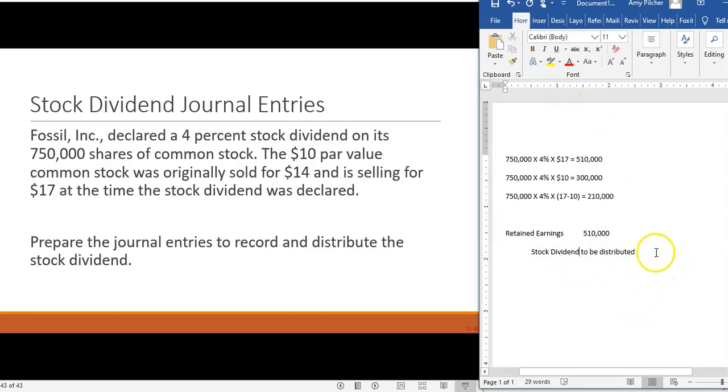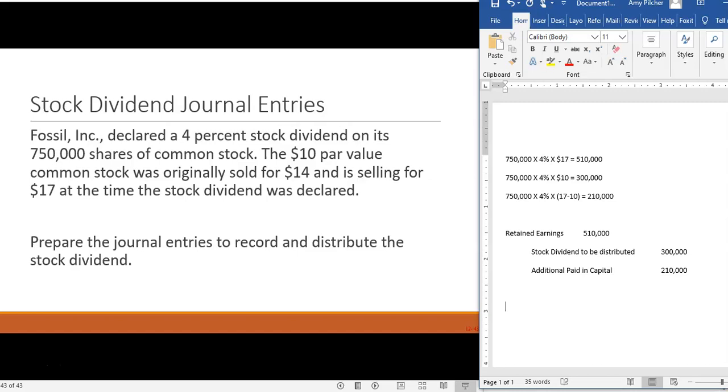I can't spell. Of $300,000, which we calculated above, and our additional paid-in capital, $210,000. So that is the journal entry for the date of declaration.